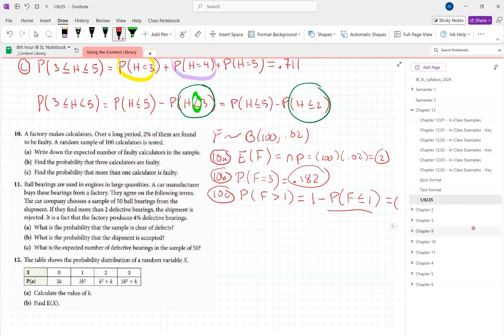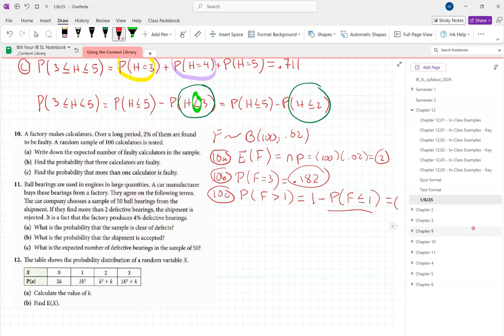Okay, first thing I'm going to do, I want to decide what kind of distribution I have here. Is it binomial or normal or something else? It is not normal. It's binomial. Why? There's 2 true outcomes.